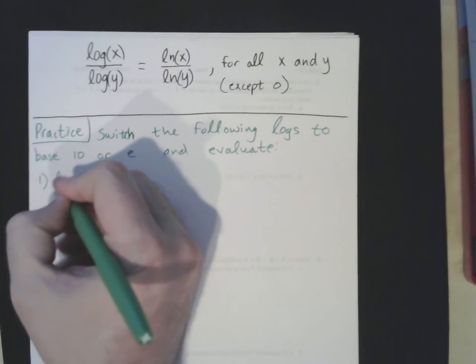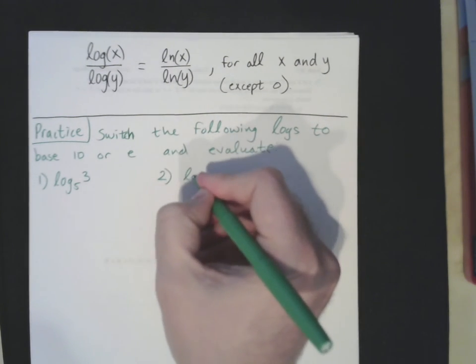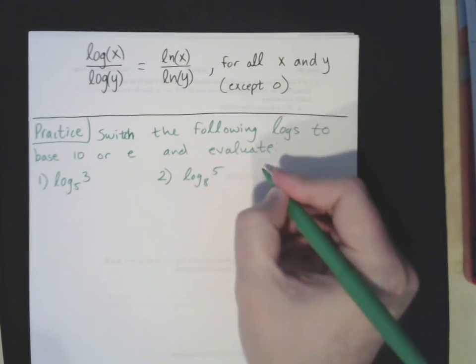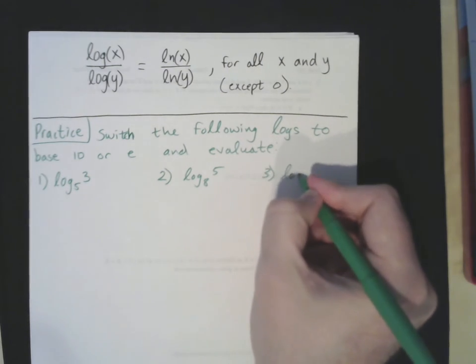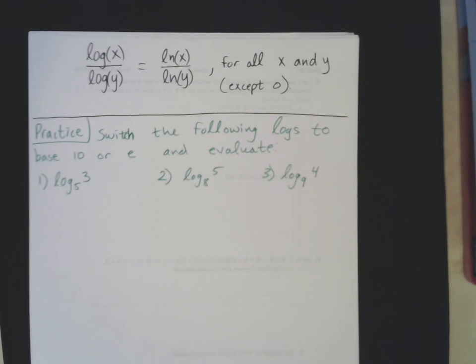Number 1, log base 5 of 3. Number 2, log base 8 of 5. And number 3, log base 9 of 4. All right, so pause the video, take a few minutes and switch these and get your answer on your calculator. You will need your calculator. And I'll start going over them now.